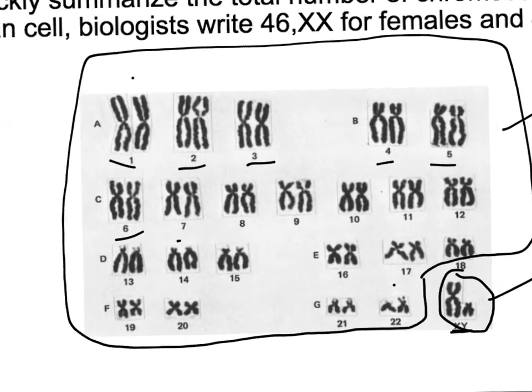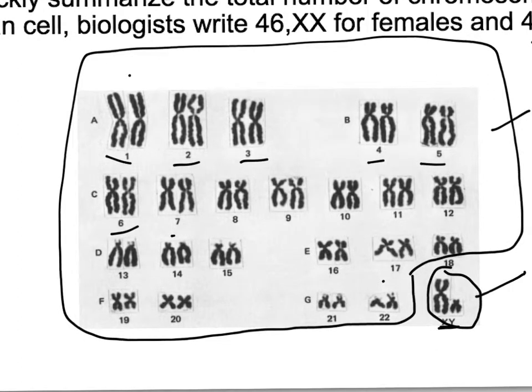So let's zoom in here. These are homologous chromosomes, that word that we love. So this one maybe came from mom and this one came from dad, but they're both chromosome 1, they're coding for the same thing. And remember, chromosomes are made up of 2 sister chromatids, held together in the middle.